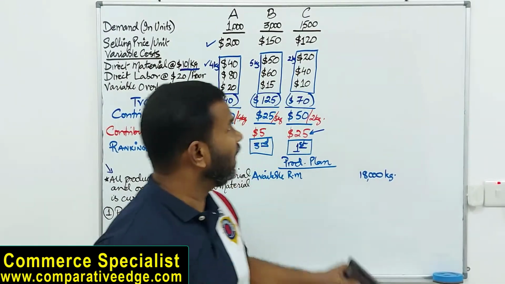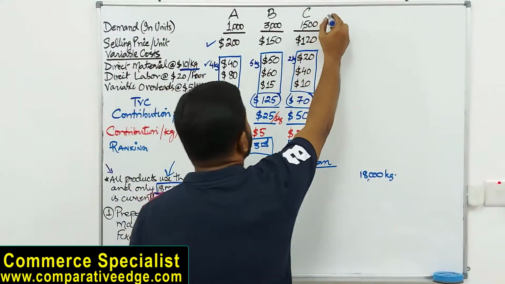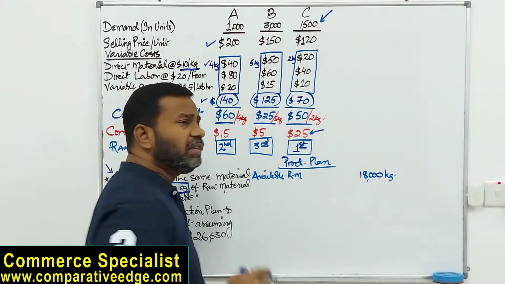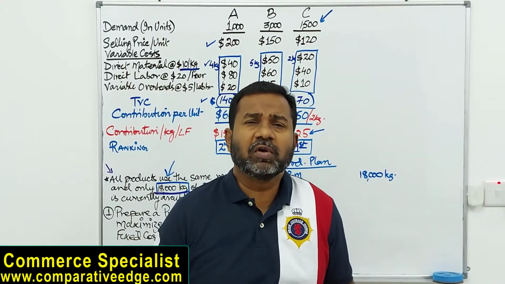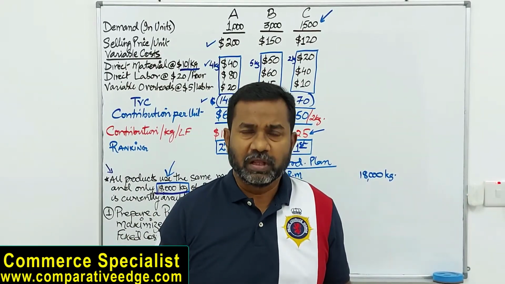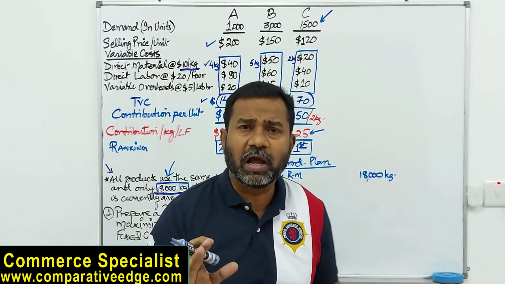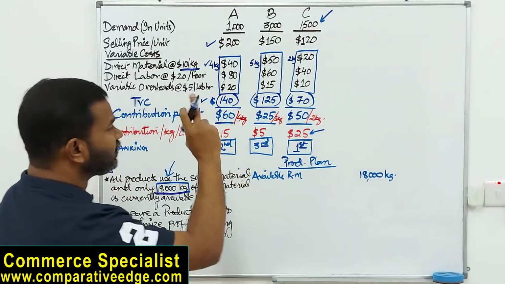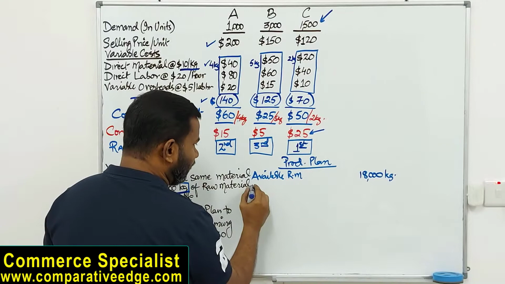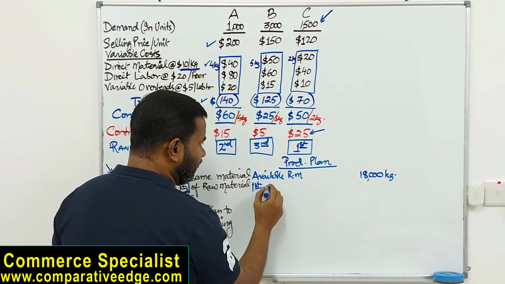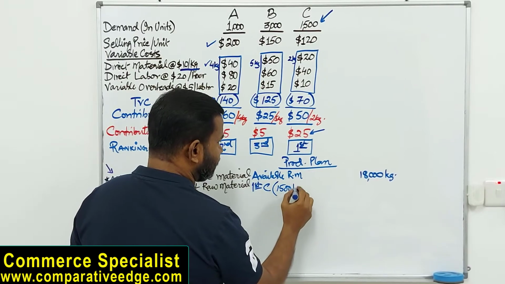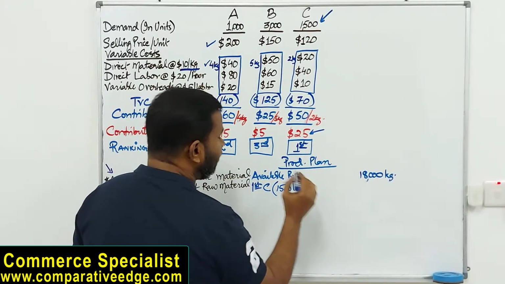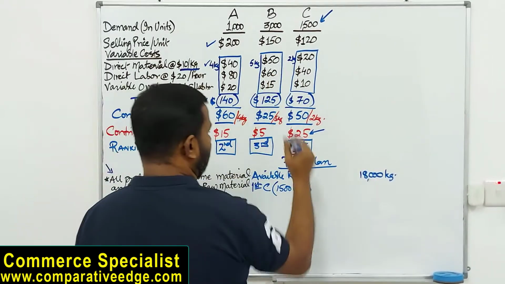We have to look at the demand. If you look at the demand for product C is given here, 1,500 units. We are not going to make more than demand. Why? Because we will not be able to sell it. So it is important to look at the demand of the product, which is 1,500. So I'm going to make first product C, 1,500 units as per demand, and each unit requires 2 kilograms.